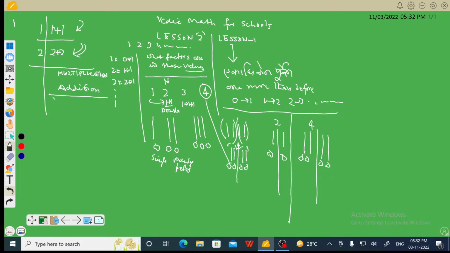Vedic mathematics teachers have the conscious comprehension that they are shifting from the concept of addition to the concept of multiplication.